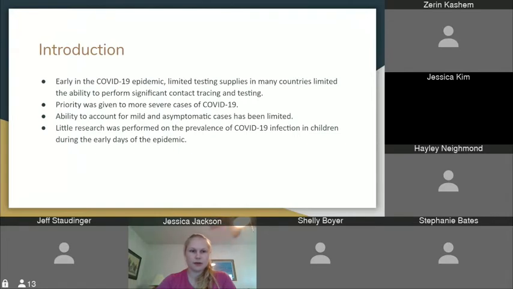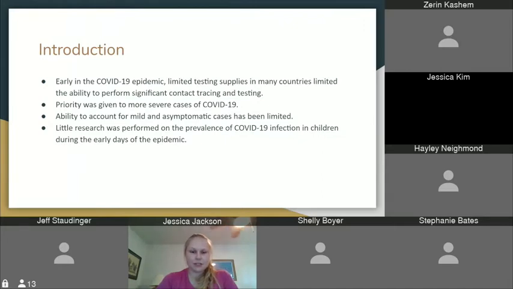So as a little bit of background, early in the COVID-19 epidemic, there were very limited testing supplies in most countries, and that limited their ability to perform a significant amount of contact tracing and testing. Priority was given to the more severe cases of COVID-19 infection, and for the most part, they weren't really able to test mild cases or even test for asymptomatic cases.